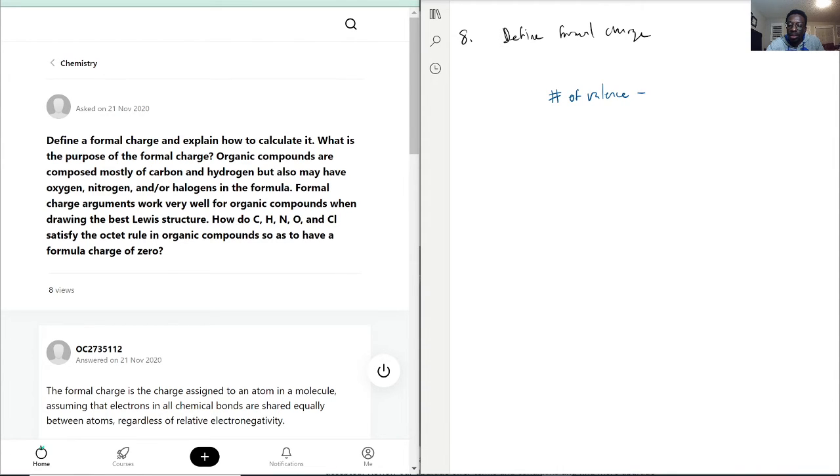So the number of electrons based on the periodic table, like nitrogen, for example, that would be 5 valence electrons. And you subtract, this is an important part, lone electrons.